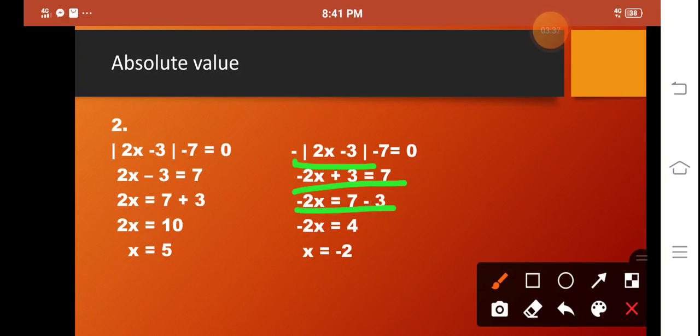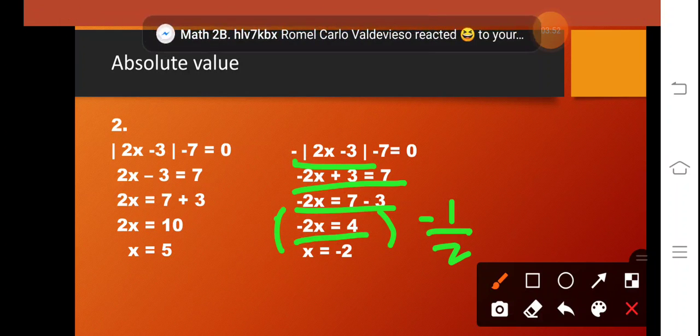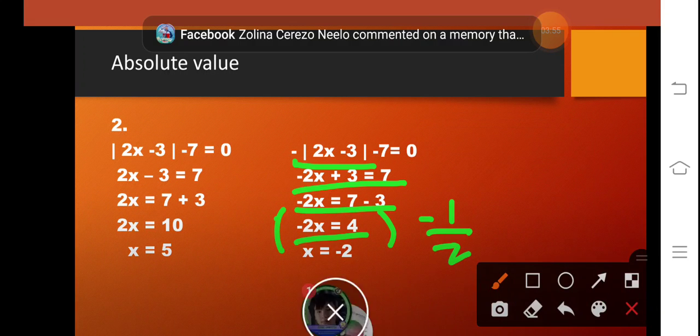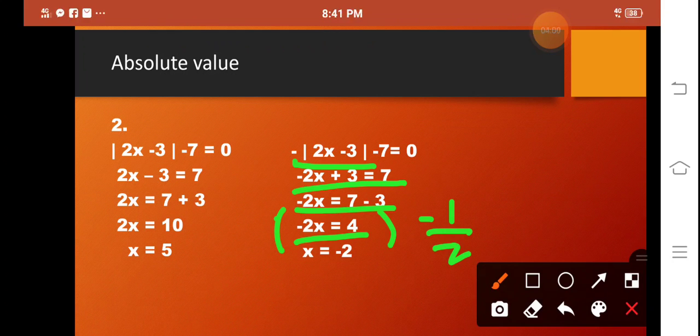So the result is negative 2x is equal to 4. Then by multiplicative inverse, we multiply this by negative 1/2. The result is x is equal to negative 2.